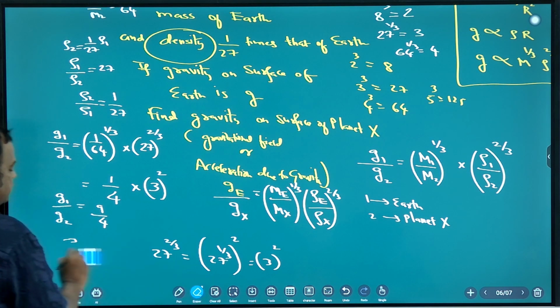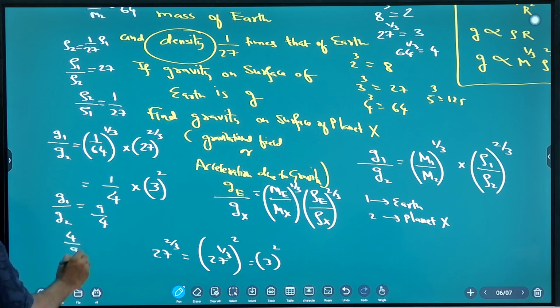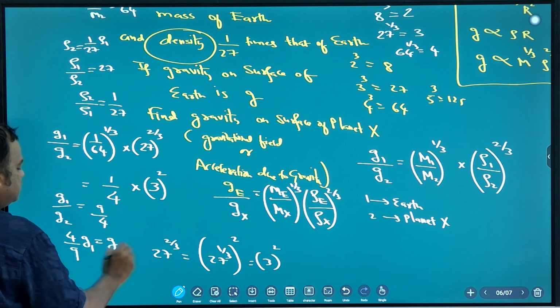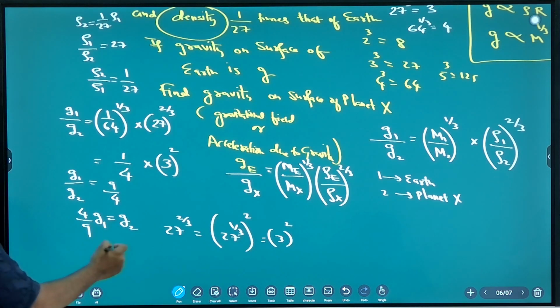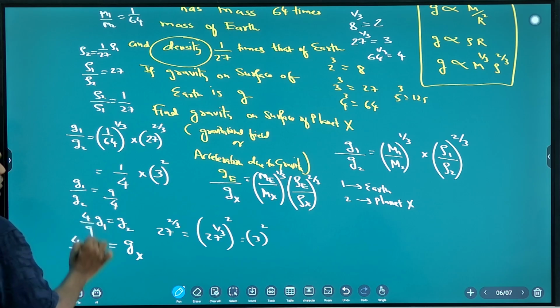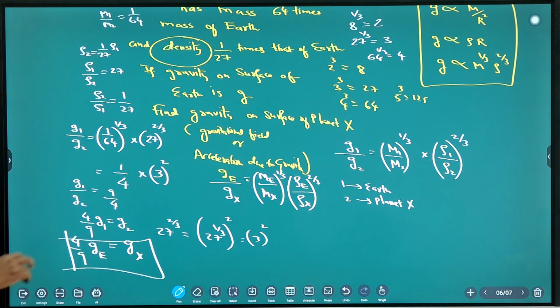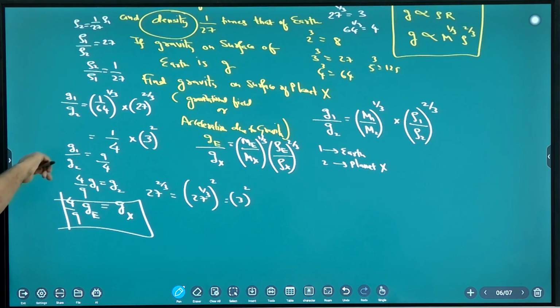So you can say 4 by 9 times gravity of Earth is gravity on planet. So gravity on planet X is 4 by 9 times gravity on planet Earth. Okay, 4 by 9. What is your answer? 4 by 9? Okay, good, good.